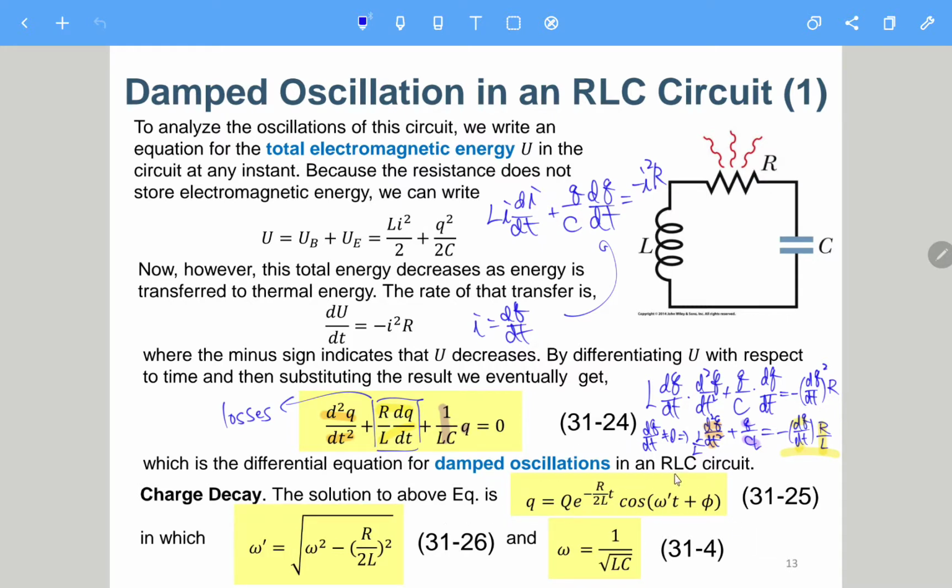So actually we derived how to get this expression. And the point is that if we have the resistance here, the natural frequency or the oscillation frequency is not 1 over square root of LC anymore. It is slightly lower because it is damped by this resistor.